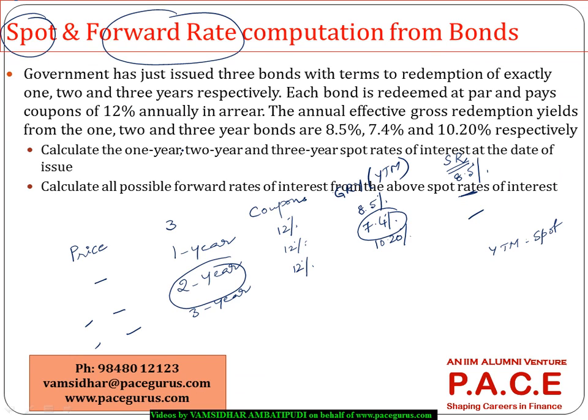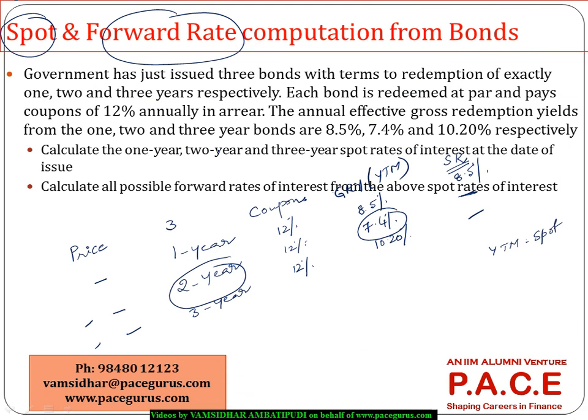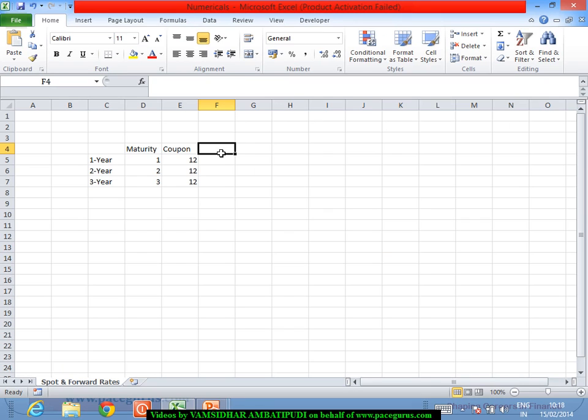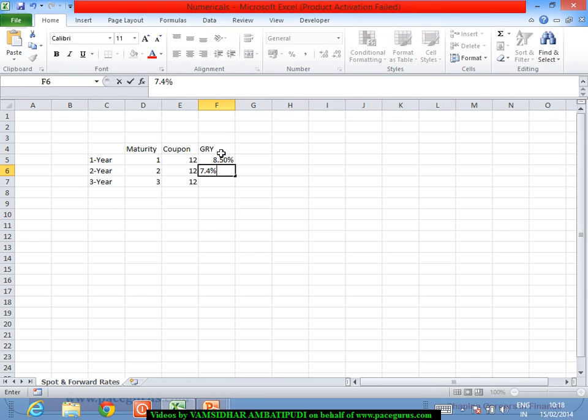And we can also talk about the coupon, assuming that the face value is 100. The coupon in all the cases is 12%, but the gross redemption yield differs in each one: 8.5% for the first one, 7.4% for the second, and 10.2% for the third.